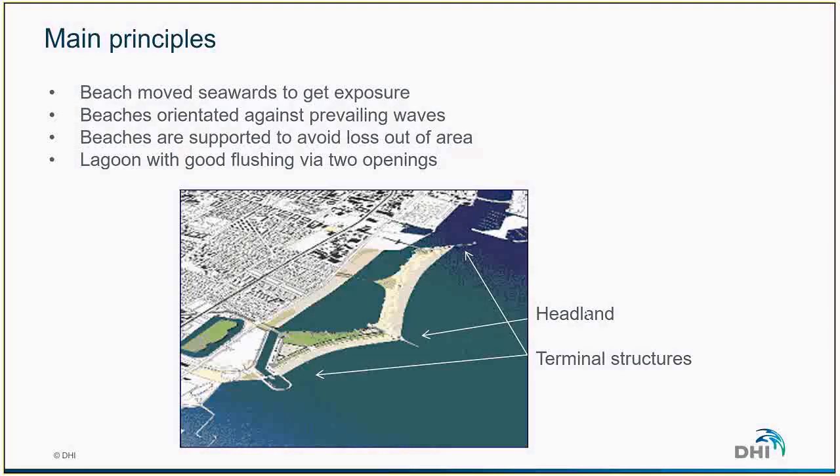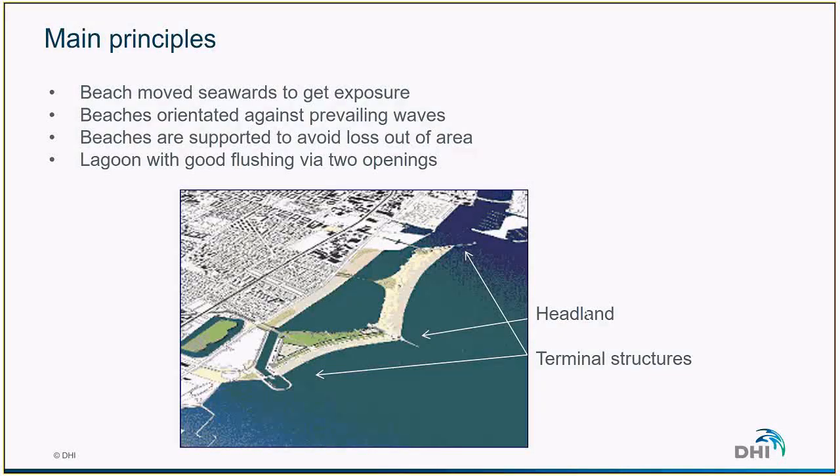And between the actual land and the new beach, we have a coastal lagoon, which will have a good flushing because it will use some of the strong currents I was mentioning before. And it also has two openings, so it flushes very well. Having the coastal lagoon is also a way to minimize the quantity of sand that is required to construct the beach.